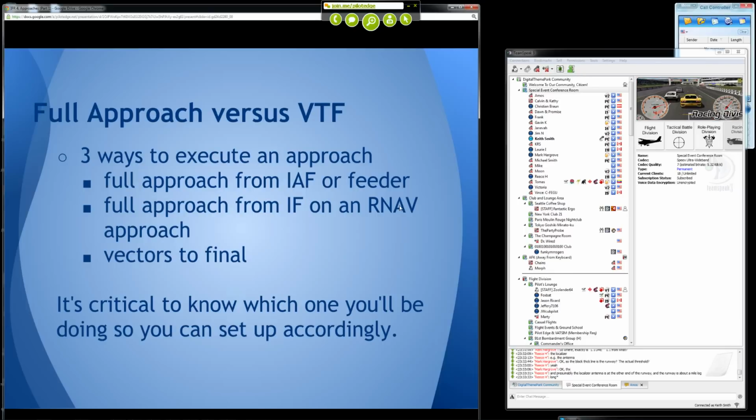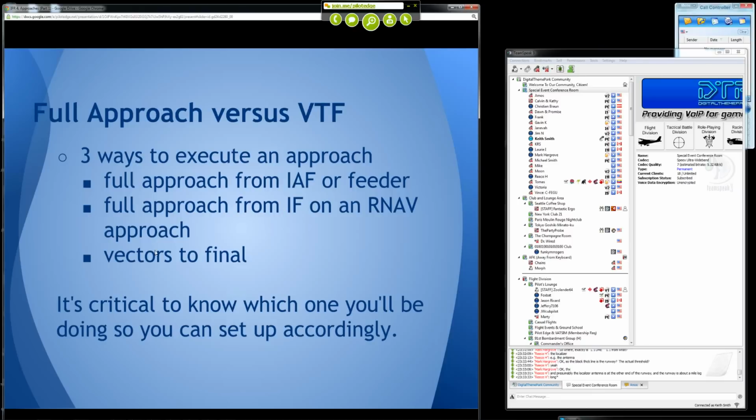We're not going to be covering RNAV approaches tonight, so I won't pull up an example of that right now. But that is the second way. So we can either fly it from an initial approach fix or a feeder, which is the most traditional way. Now that RNAV approaches are upon us, you could be cleared by ATC to an intermediate approach fix, and you could fly it on your own from there.